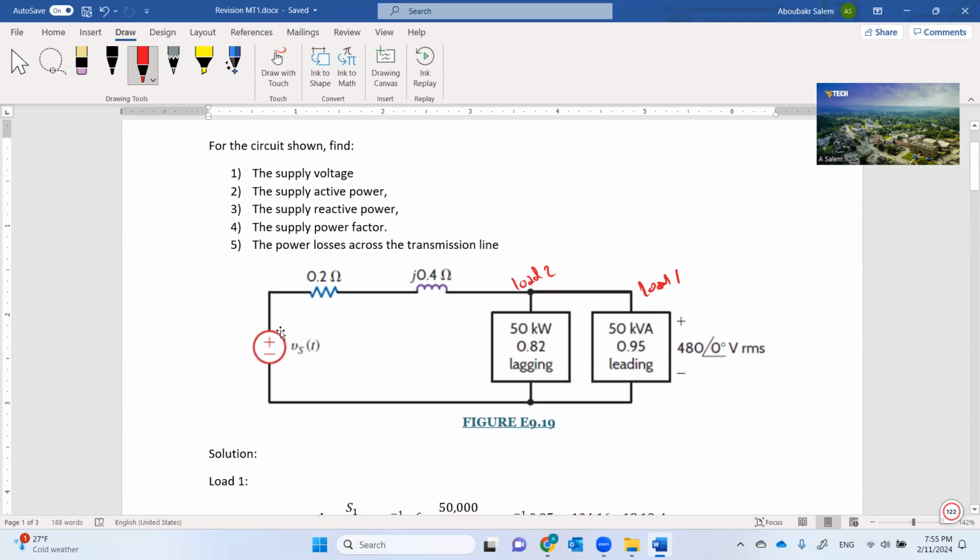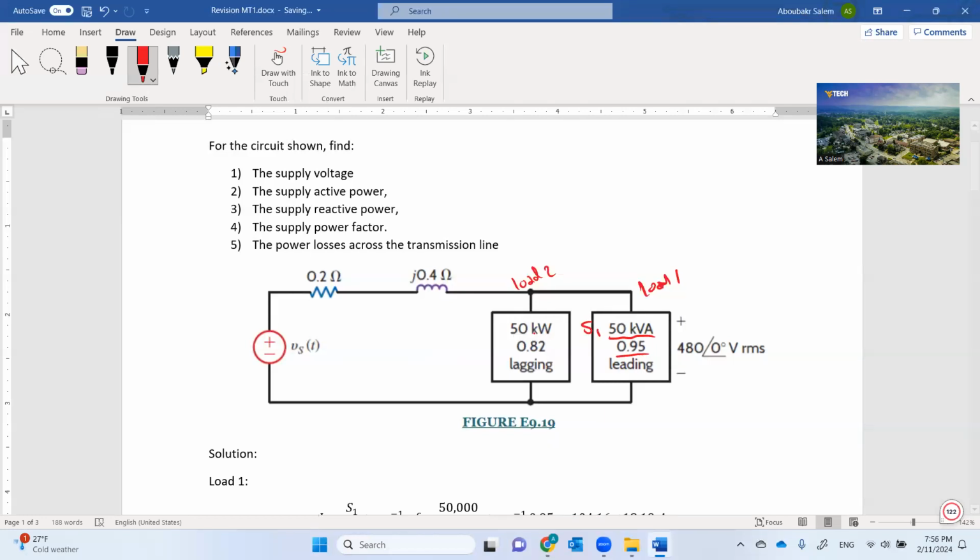We solved in our class some problems like that before, so this is just training on how to do the same here. For the first load, we have 50 kVA, which is considered the apparent power, so this is S1, and the power factor is 0.95 leading.